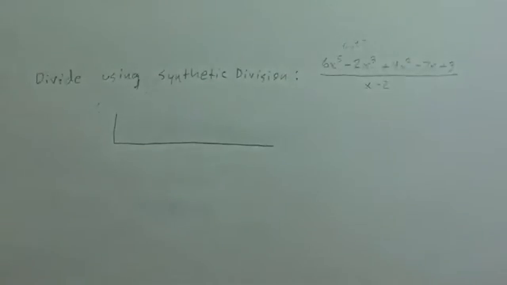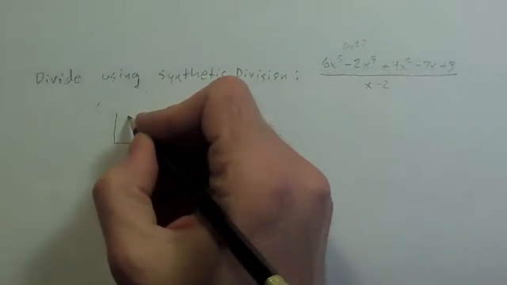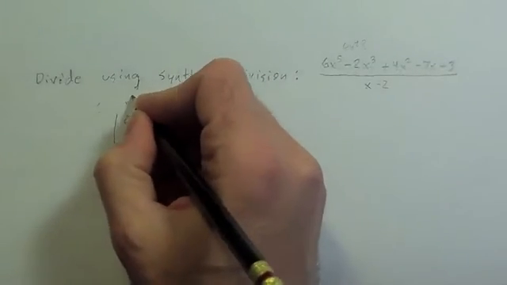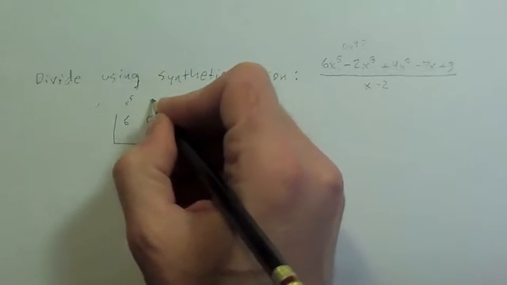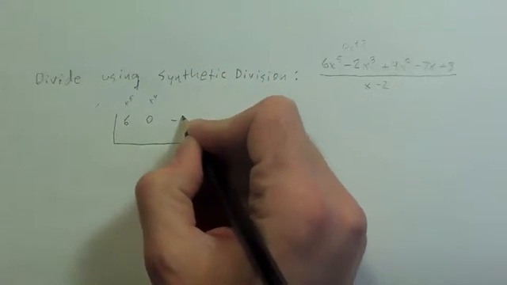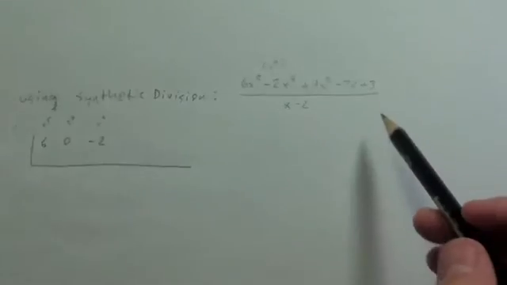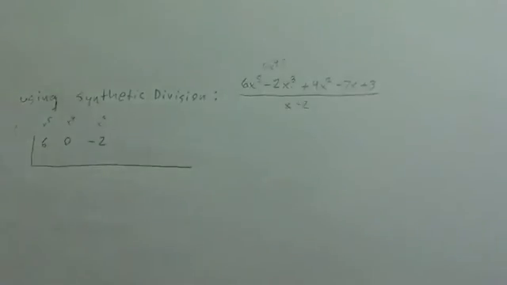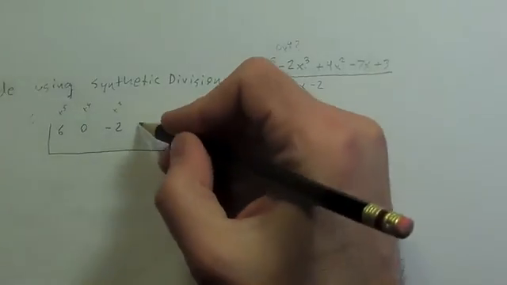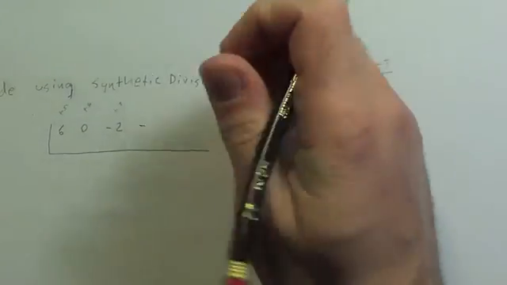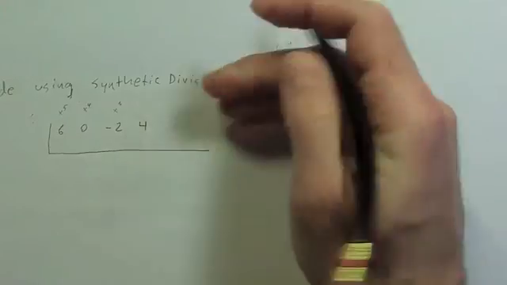We need to actually have that piece there somehow. So I'm going to put a 6 in for x to the 5th, a 0 in for x to the 4th, then a -2 for x cubed, and I don't think we skip anything else because we have x squared, x, and a constant. Right? So every possibility needs to be considered.